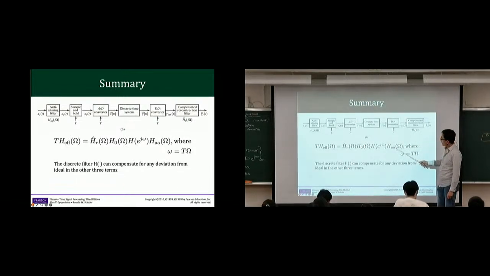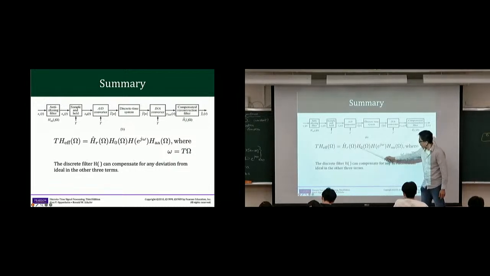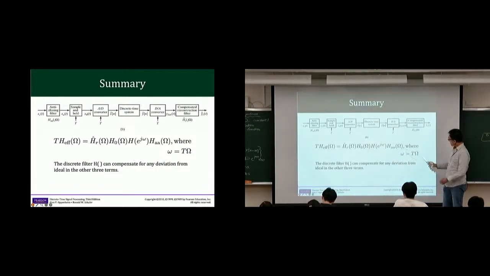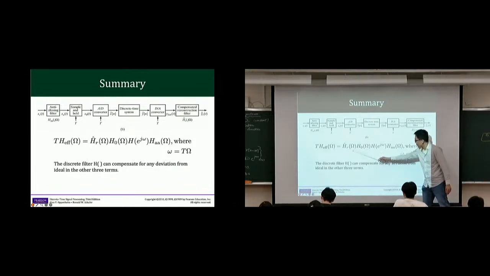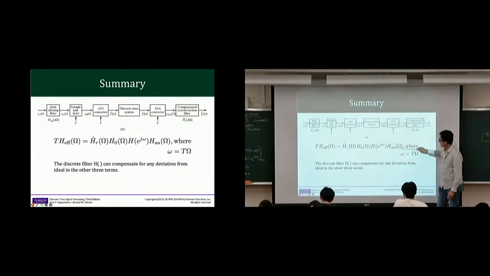The anti-aliasing filter might not be ideal because it's analog circuit design, right? And sample and hold, for sure, has a closed form expression. The reconstruction filter might not be ideal either. Such things are discussed in the textbook, but what's important here is this relation right here.